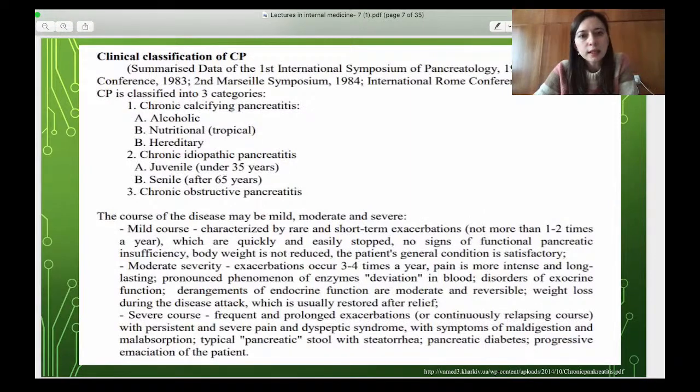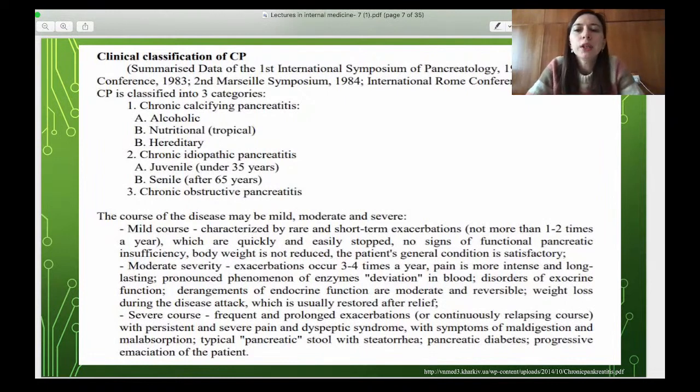And the clinical classification of pancreatitis has 3 categories: chronic pancreatitis, alcoholic, nutritional, and hereditary.